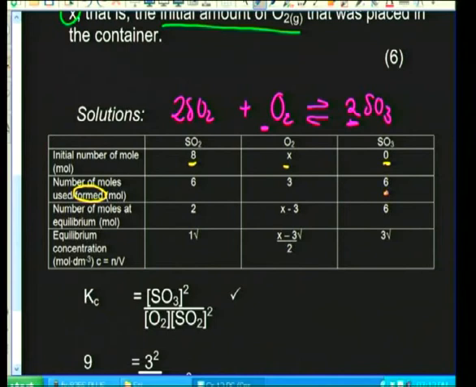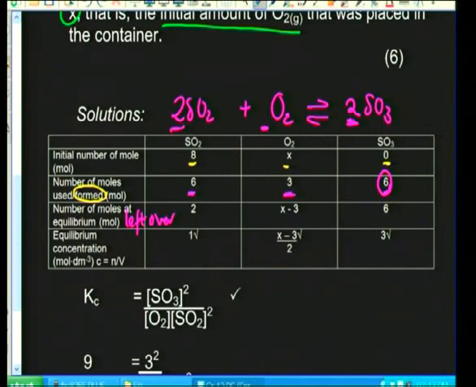So notice if I've formed 6 moles of SO3, I must have used up 3 moles of oxygen in that process. And then working back, it's a 2:2 ratio, so they must have used up 6 moles of sulfur dioxide in the process as well. So how much do I have left? This is left over, if you like.